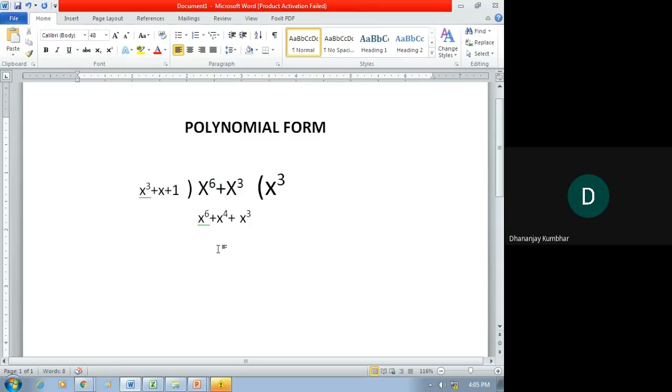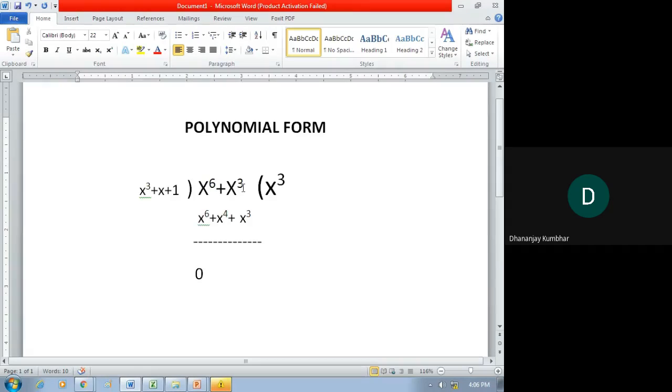So while calculating the answer, how will you write it up here? The values that are the same, x raised to 6 and x raised to 6, that will become 0.